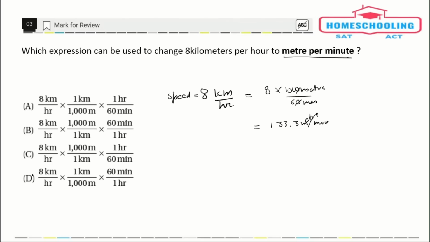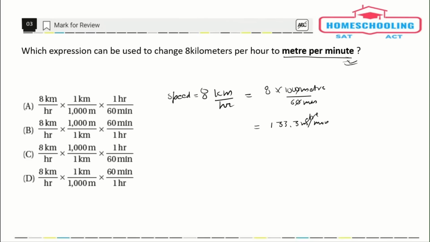Here we have 4 options. We have to find the final answer in meters per minute. So what we're going to do is leave these numbers aside and just focus on the units, and try to crisscross the units so that we get meter per minute.